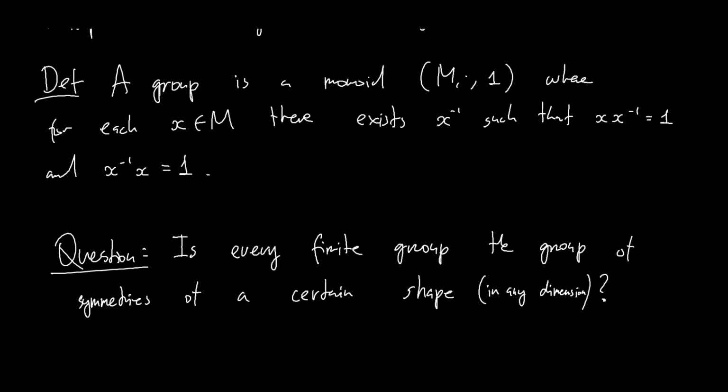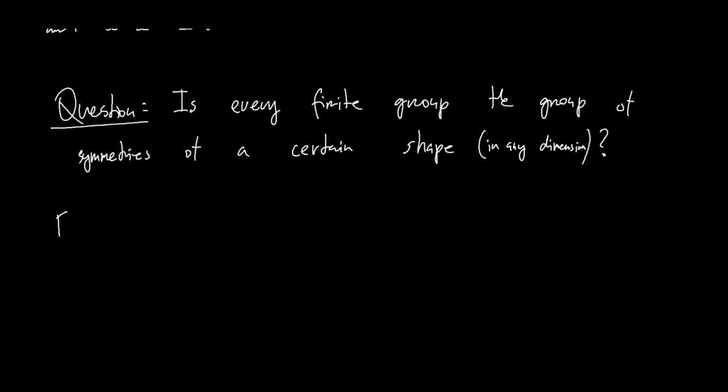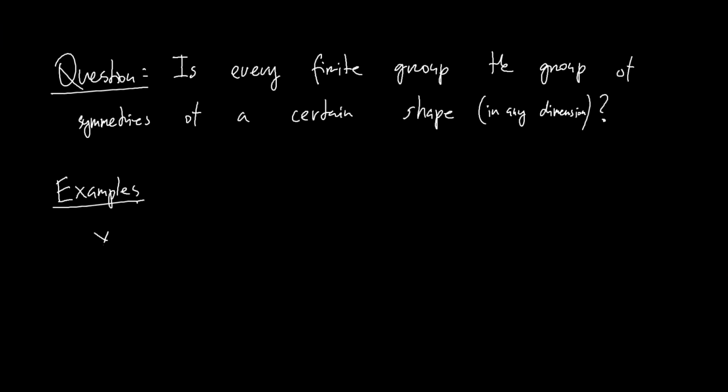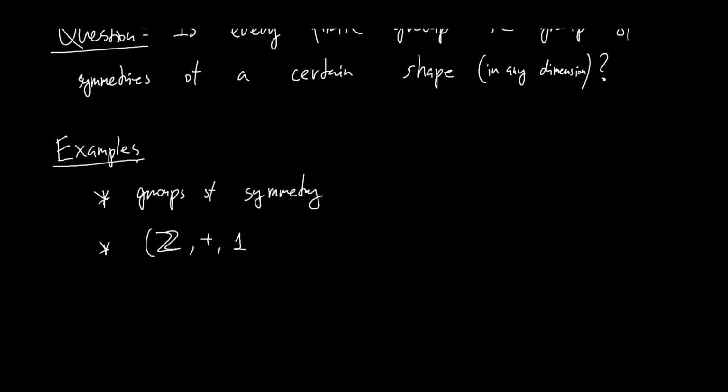Okay, so now that we've motivated the notion of a group in a very specific way, of course, there are many other groups that are very important that are not necessarily linked with symmetry per se. So first of all, we have groups of symmetry. And then we have many other groups, like, for example, the group of integers, with plus being our operation and 1 being our identity element.